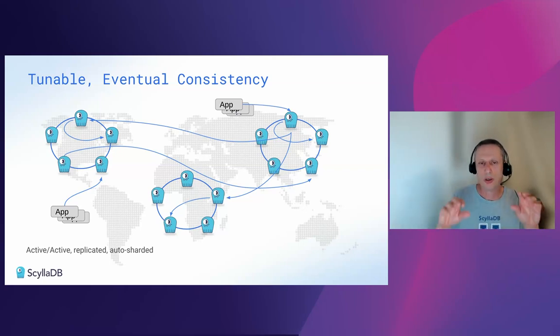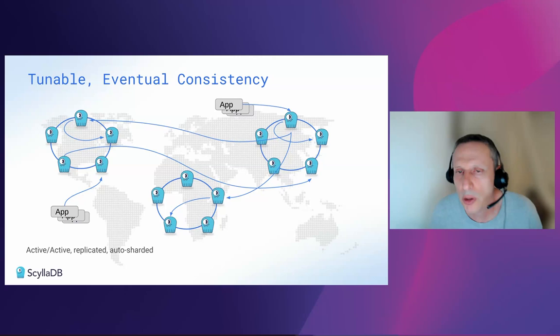Each region is usually deployed on multiple zones, and each zone can have multiple nodes, so you have layers and layers of high availability. The database is eventually consistent. That means that, per session, when you send either a read request or a write request to the database, you can set which consistency level you want for this request.